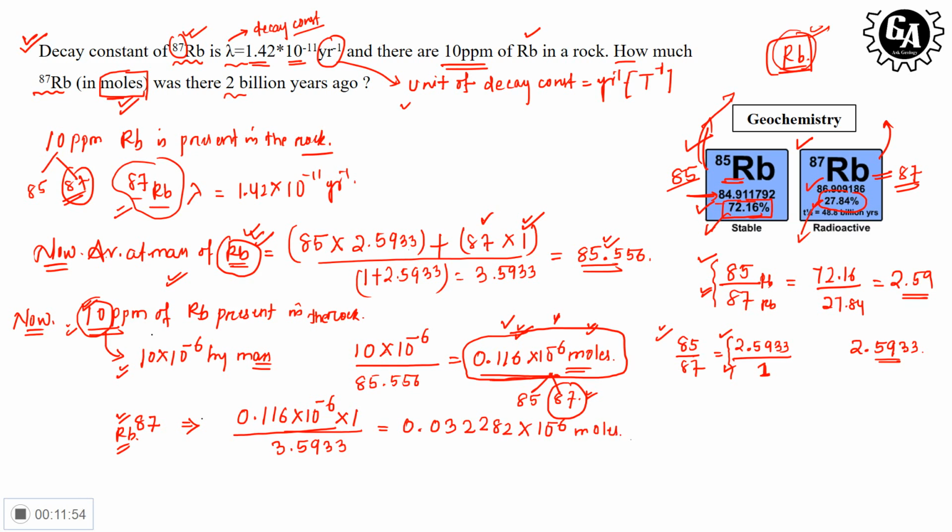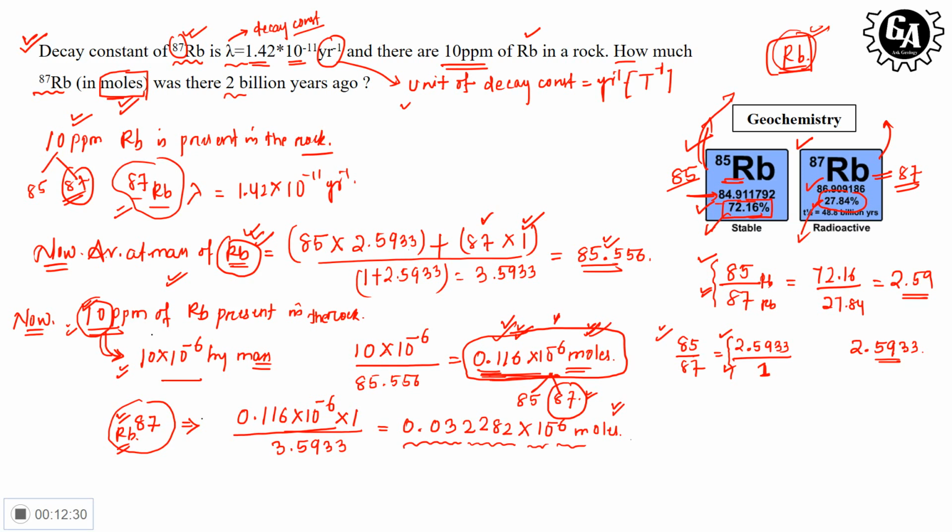What it tells us is that within this 10 ppm of rubidium, represented by 0.116 into 10 to the power minus 6 moles, only 0.032282 into 10 to the power minus 6 moles is rubidium-87.